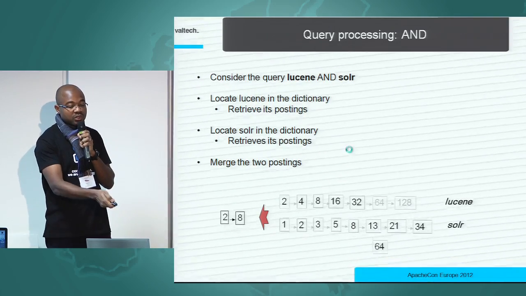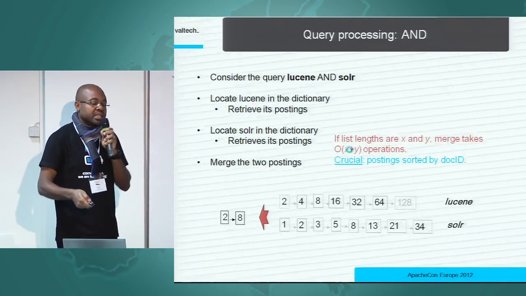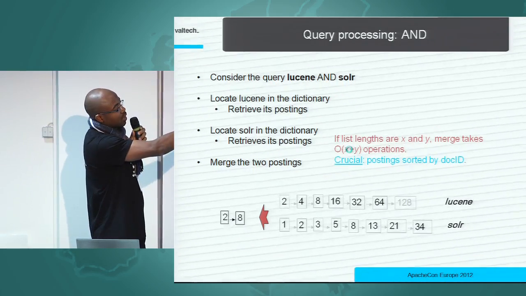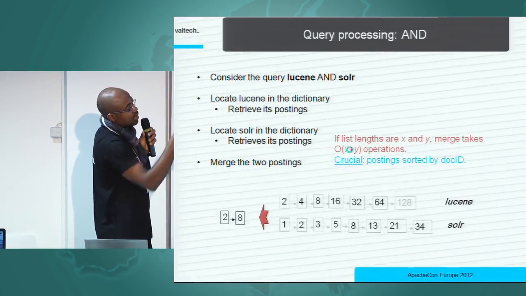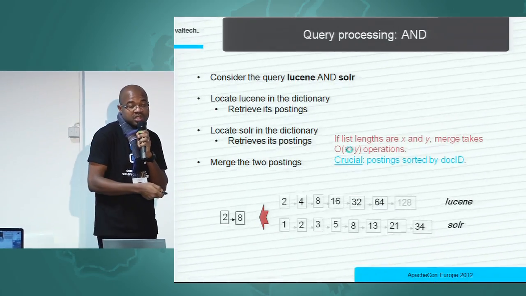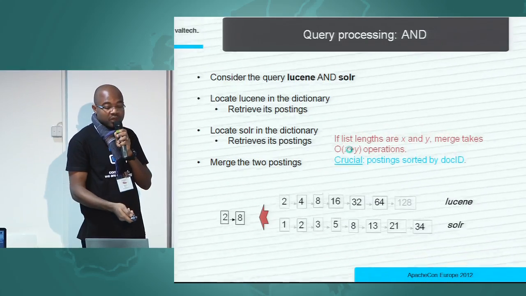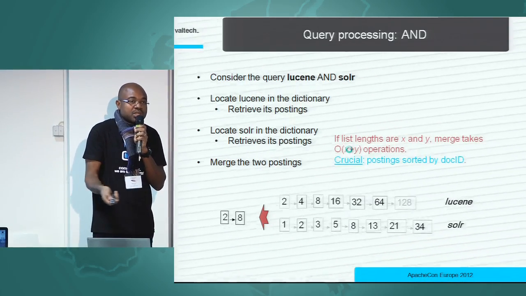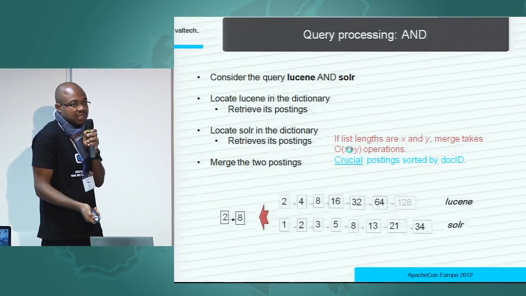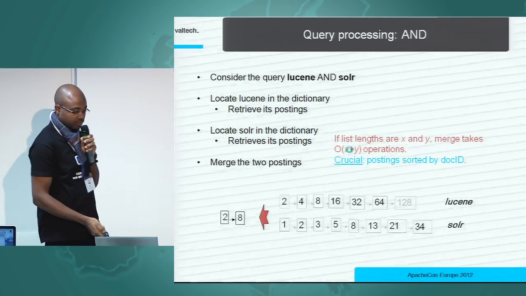You just take the intersection of the postings, and if X and Y are the lengths of those postings, you will do this in O(X plus Y). So it is important that the postings be sorted, but as a developer, you are not concerned with this. Lucene already implements those structures for you, but it's important to know how it works.